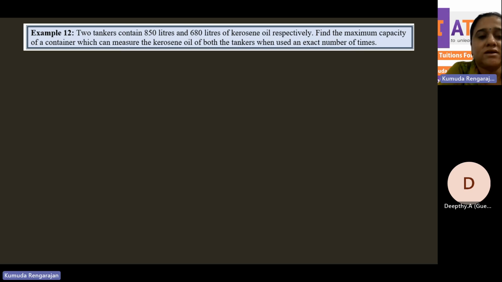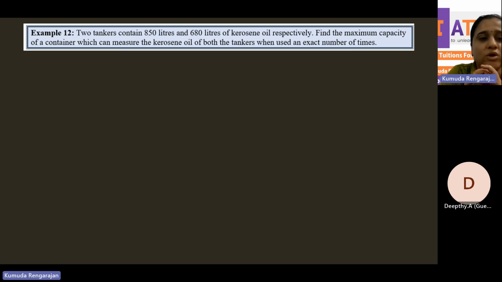I'll explain and then you can write down. Listen to me. Two tankers contain 850 liters and 680 liters of kerosene oil, respectively. So there are two oil tankers, large tanks containing kerosene oil.